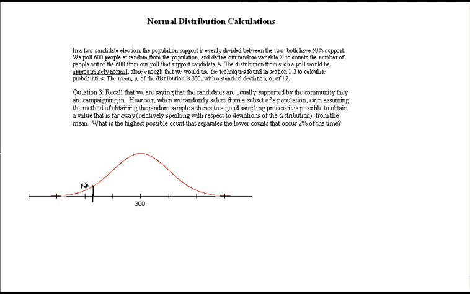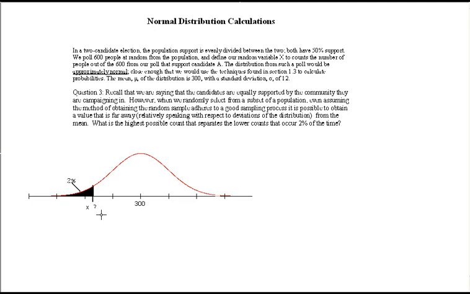So I'm going to fill in this region here, and that region is going to represent 2%. But the question is, what is this value? So this is my 2%. This value is the highest possible value, such that the numbers below it, the lower counts, only occur 2% of the time.